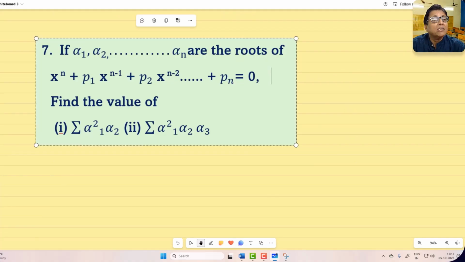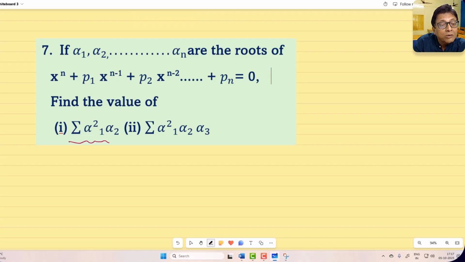This time I have taken just to remind you that how to find sigma alpha 1 square alpha 2. Thing is complicated because here if you find the sum of all these things and try to factorize, it will not work. Sigma alpha 1 square alpha 2 means many terms are there. N C2 number of terms are there. This combination not possible.